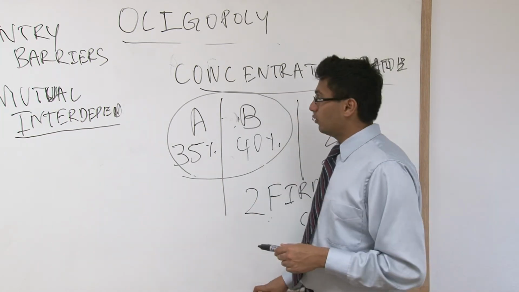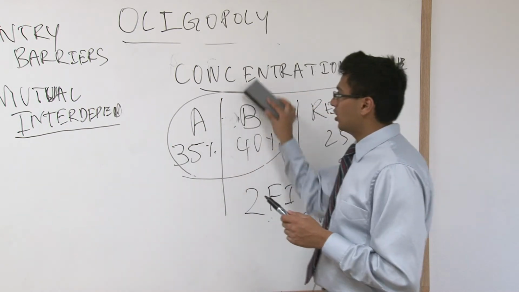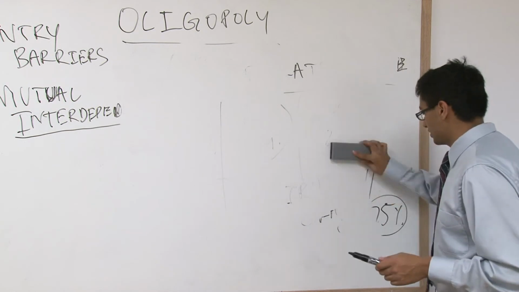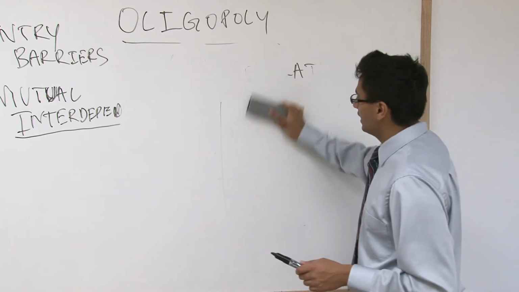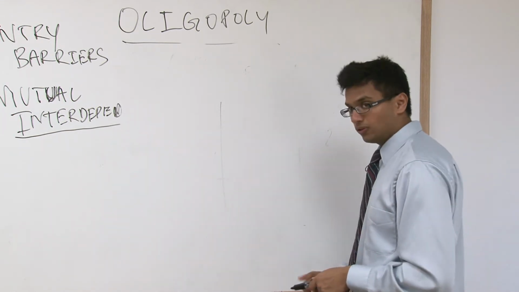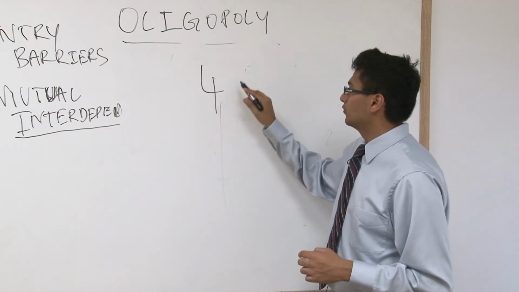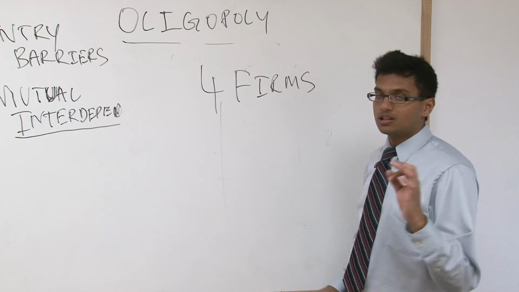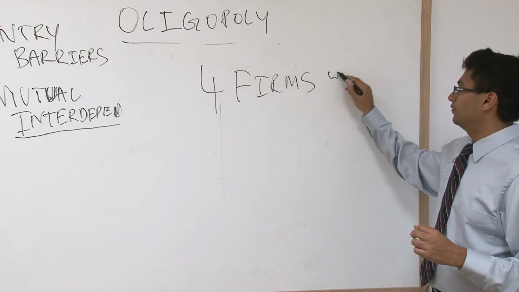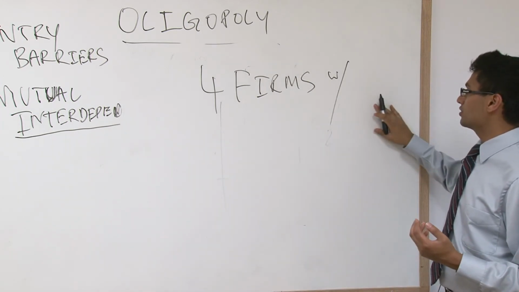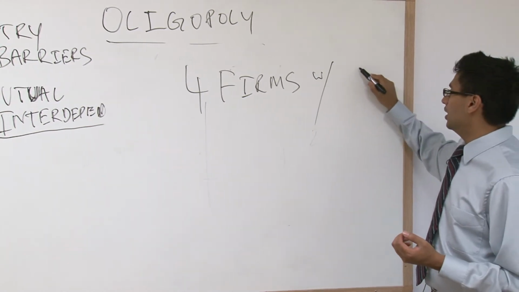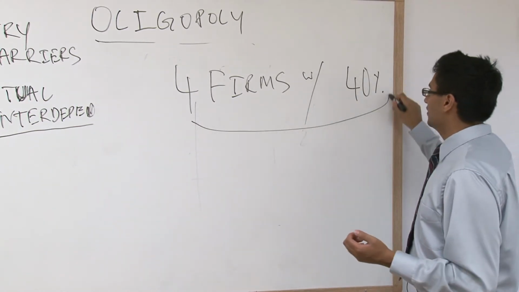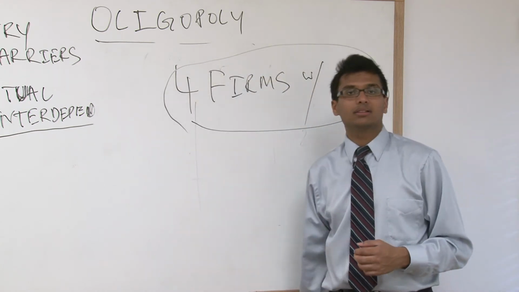Now the general rule that I've kind of heard in classes, and what people generally assume, is the following. They assume that if there are four firms with a concentration ratio of 40%, this can be defined as an oligopoly. This is a general guideline, okay?